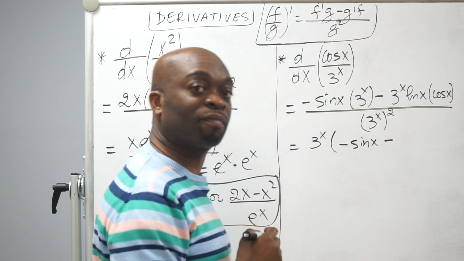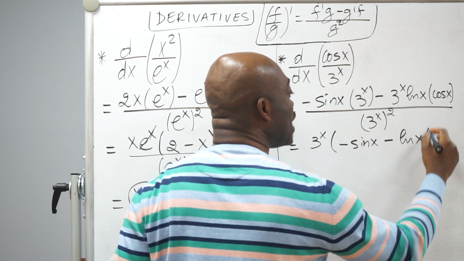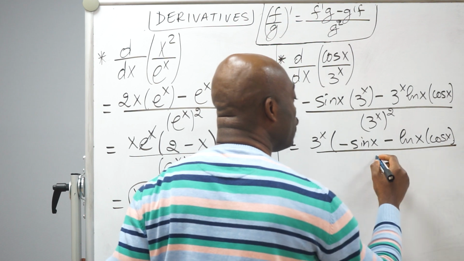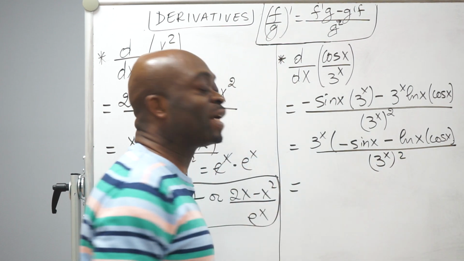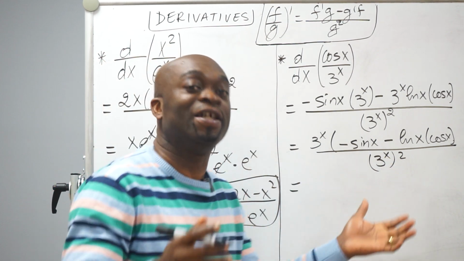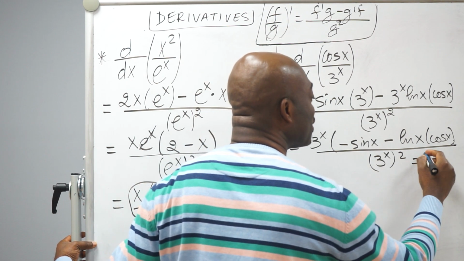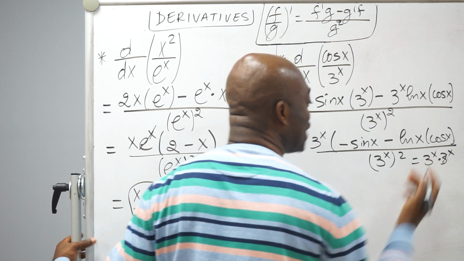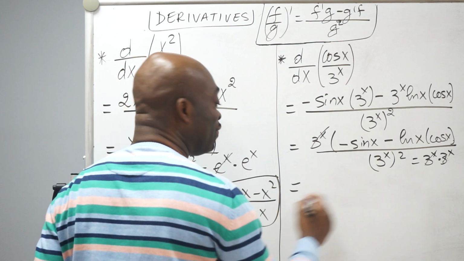Minus ln of x times cosine x, the whole over 3 to the power x to the second power. Is there anything that we can simplify after that? Yes, because we have 3 to the power x on top and 3 to the power x twice on the bottom, because remember, this is the same thing as 3 to the power x times 3 to the power x. So we can simplify one of them.